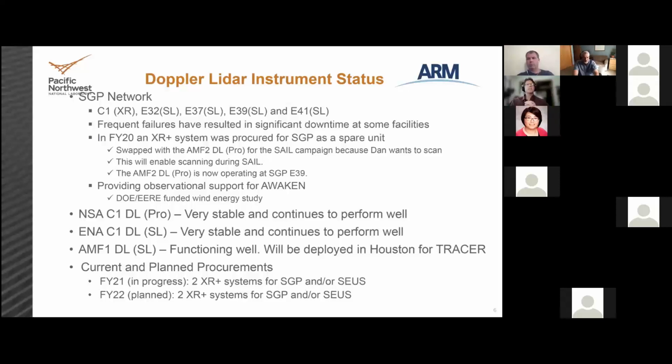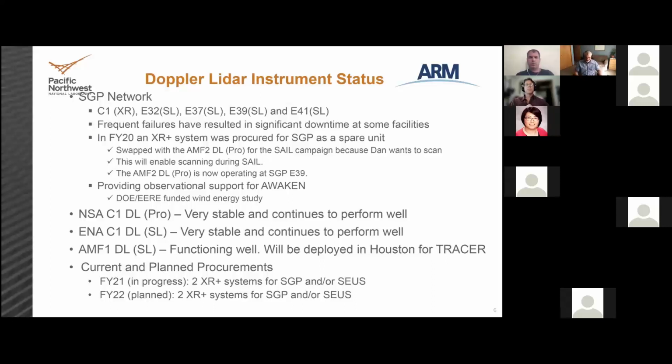So there's these other systems. The NSA and the ENA systems have been remarkably stable for very long and continue to perform well. So knock on wood, I hope that they keep on operating well. The AMF1 system is functioning well, and we're getting ready to deploy that to Houston for TRACER. We are in the process of procuring new systems.